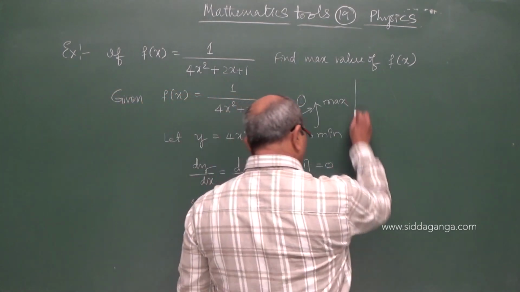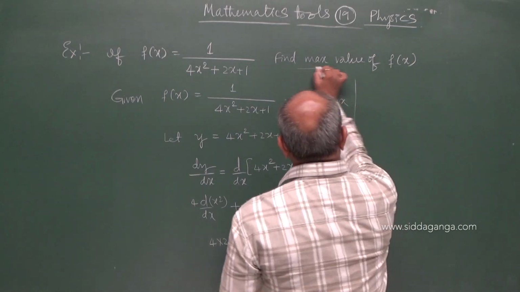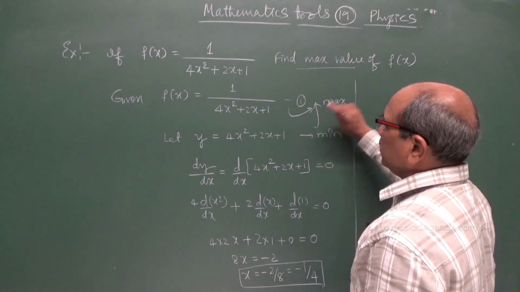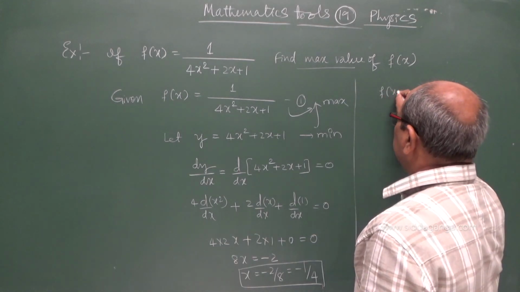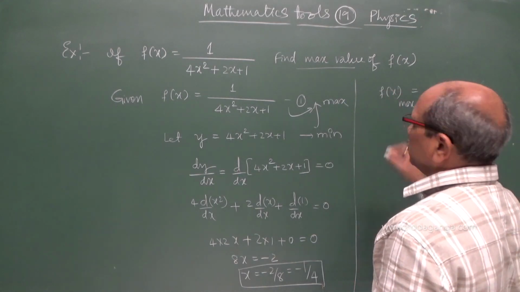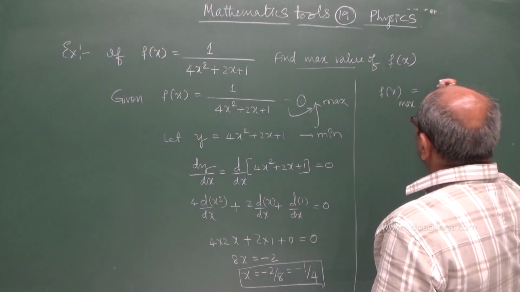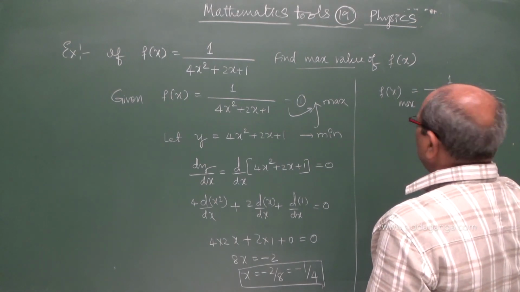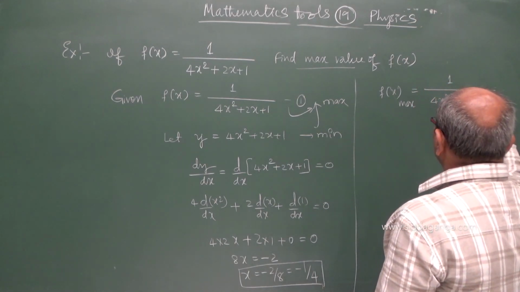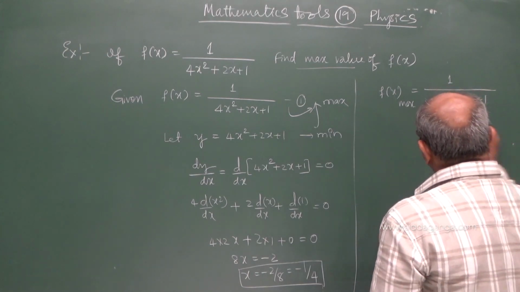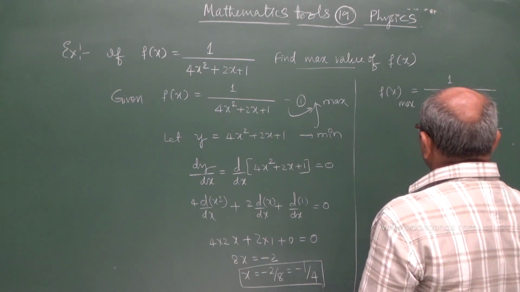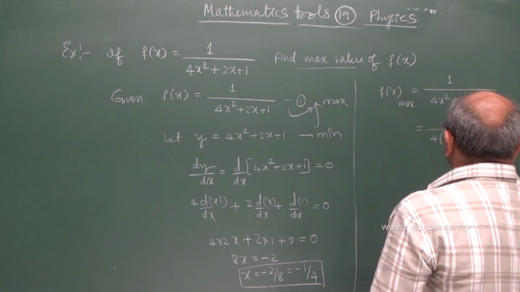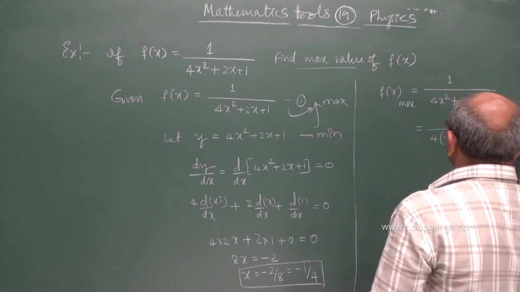So I am not going to the second derivative step directly. They fixed that it is maxima, so whether maxima or minima is not questioned. One step we can skip. So f of x maximum is 1 upon 4x square plus 2x plus 1, that is 1 upon 4 into minus 1 by 4 whole square, plus 2 into minus 1 by 4, plus 1.